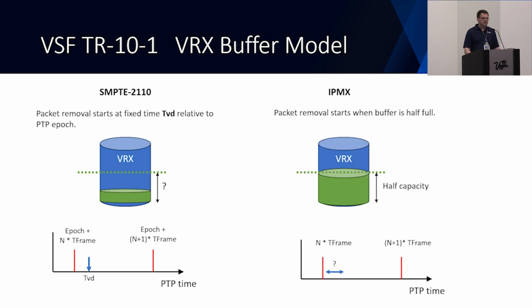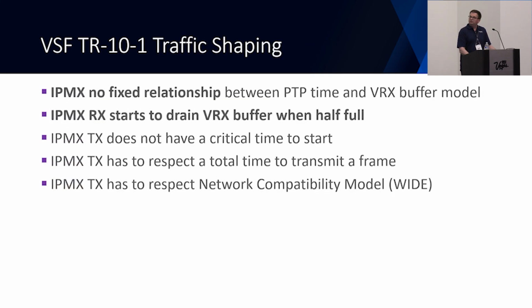In IPMX, this was relaxed, so the receiver will start using packets when the buffer is half full. So it leaves room: if you have a jittery network, you can compensate both ways. So in IPMX, there is no fixed relationship between the PTP timing, the timing of the sender, and the time the receiver starts to remove packets. And it's more friendly for wide senders.